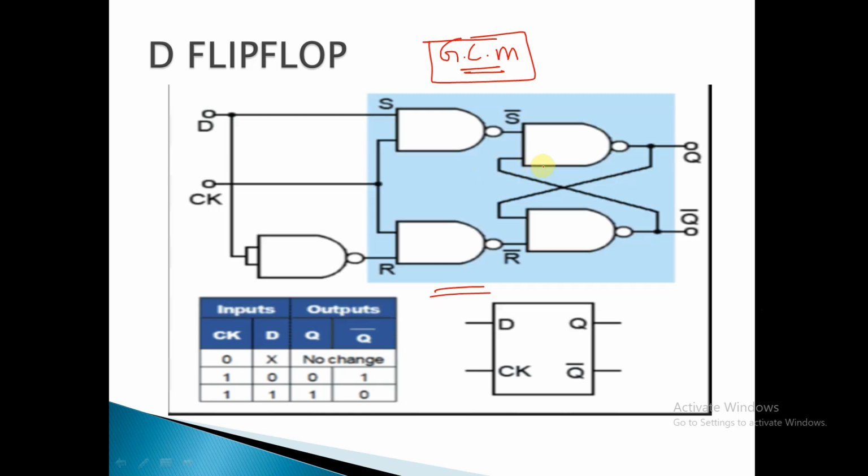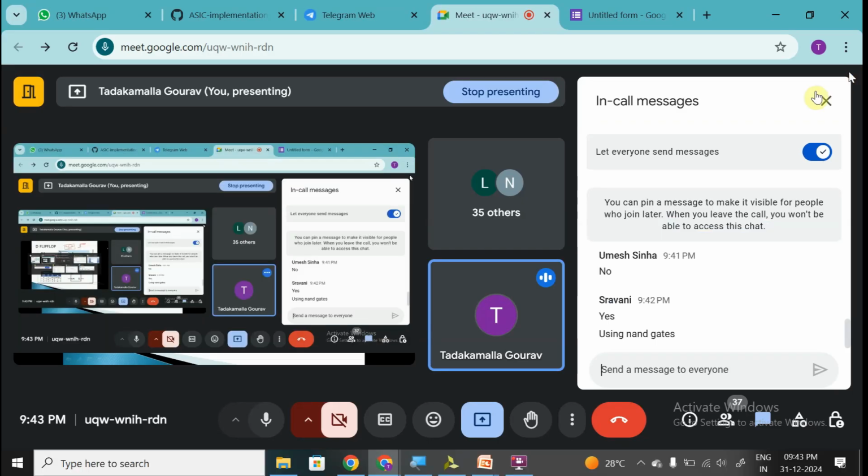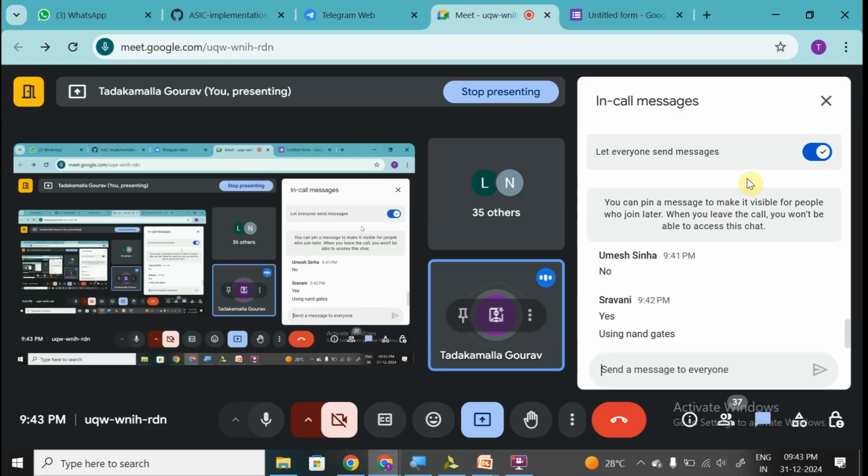This is a design which uses only NAND gates. How can we model this particular design so that it works only on the edge, not on the level? Can we achieve this requirement using GLM?